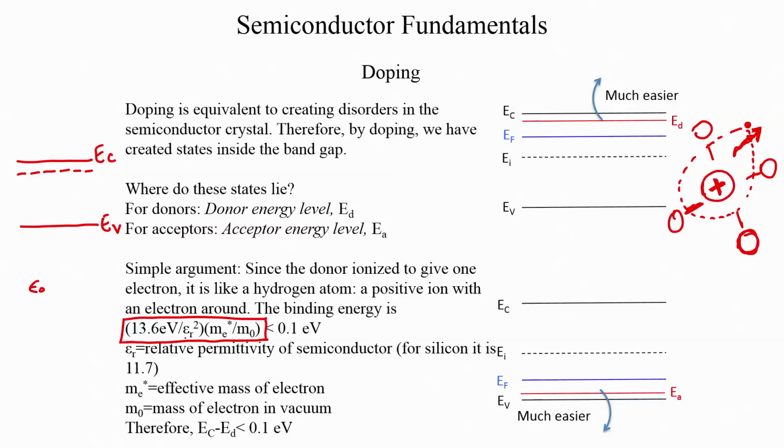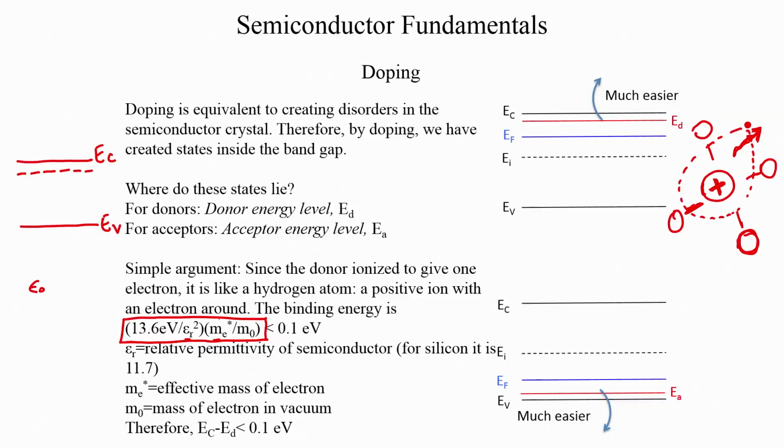So we bring in an epsilon r square term, and you also need to account for the effective mass of the electron. You can no longer use the mass of the electron as used in vacuum, because you have the electron propagating through the lattice and you have this interaction with the lattice, which results in an effective mass of m e star.